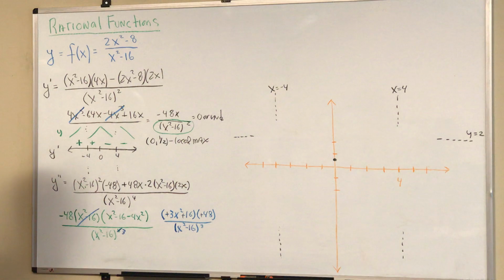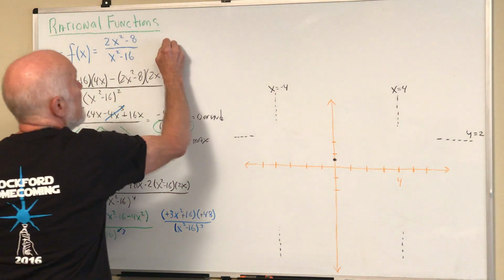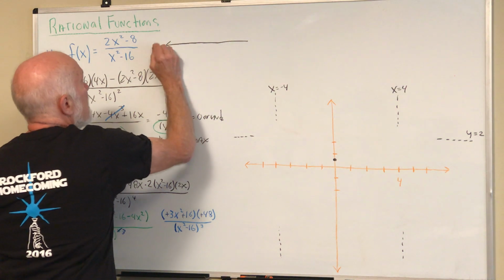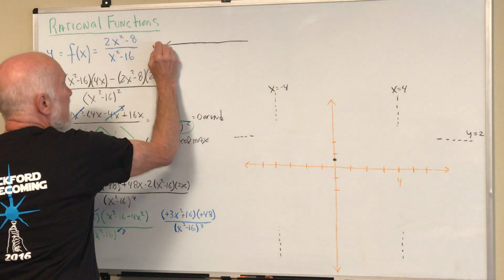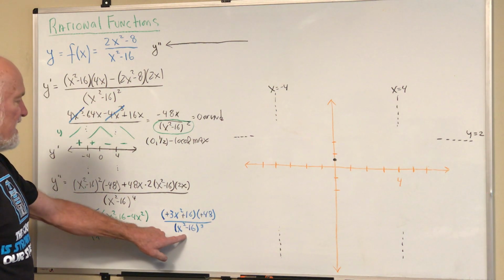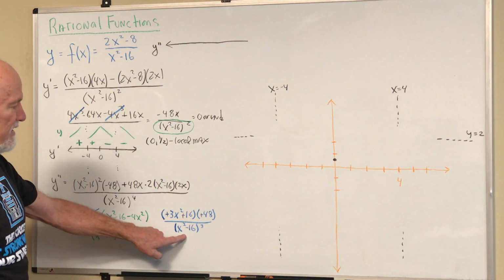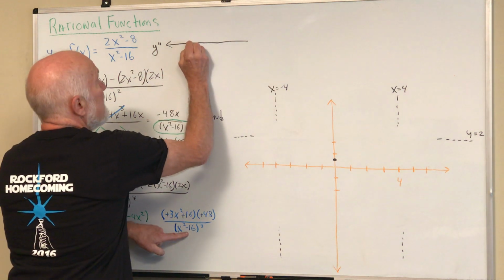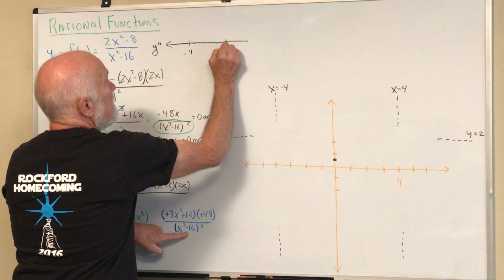So I'm ready to go to my number line. If you don't mind, I'll put it up here. And I'm putting the second derivative on the number line. Still, where is this going to equal 0 or undefined? It's undefined again at -4 and 4.